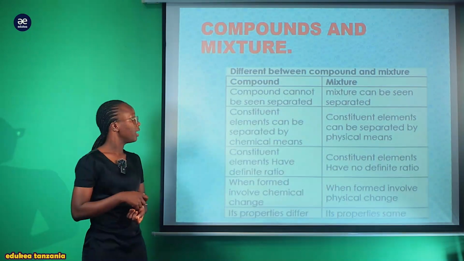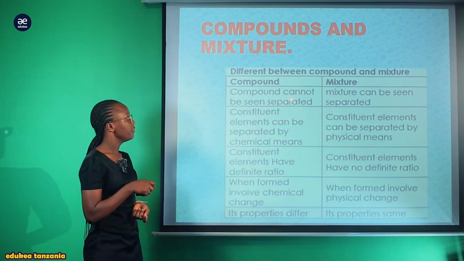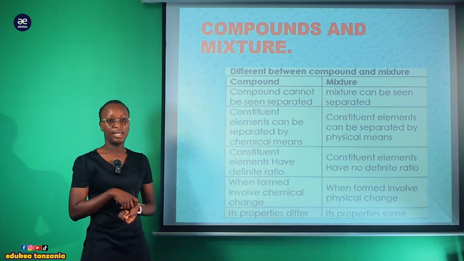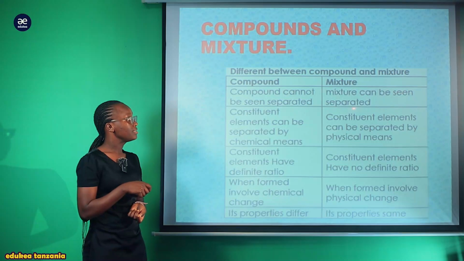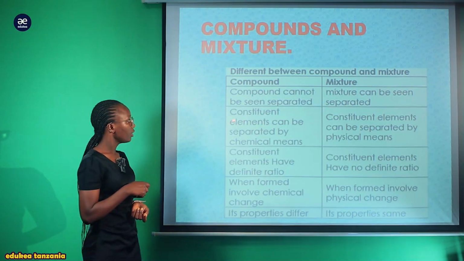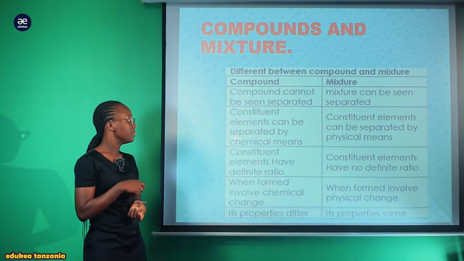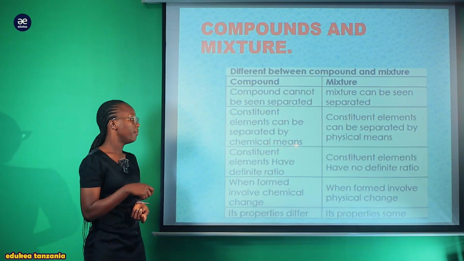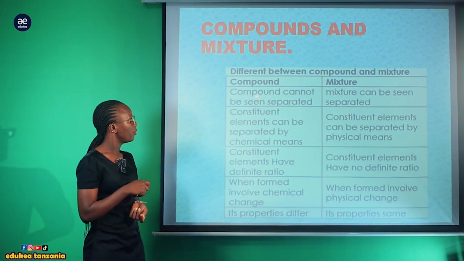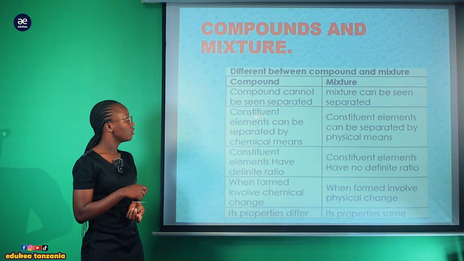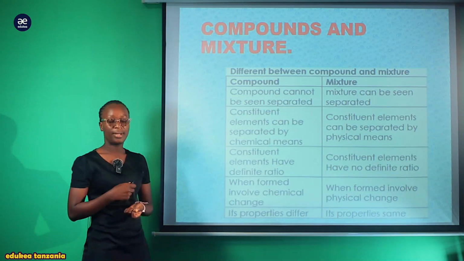While mixture can be seen separated. In a compound, constituent elements can be separated by chemical means, while in the mixture they can be separated by physical means.